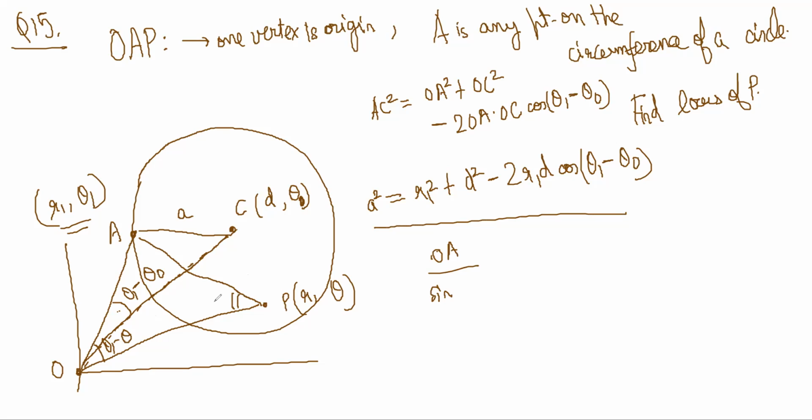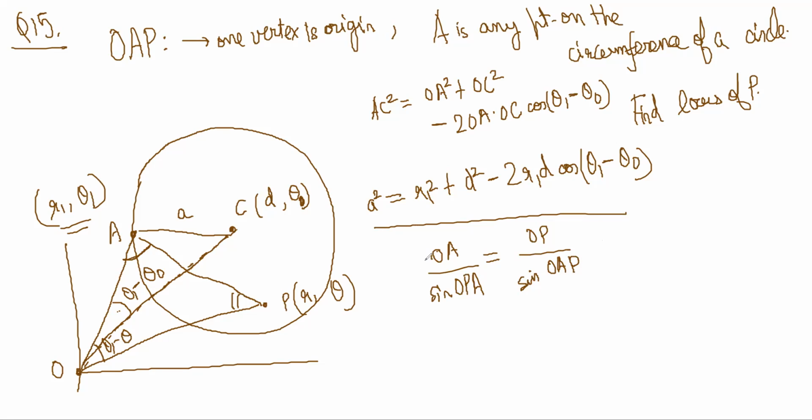Let's call it OPA. OA by sine OPA is equal to OP by sine of OAP.